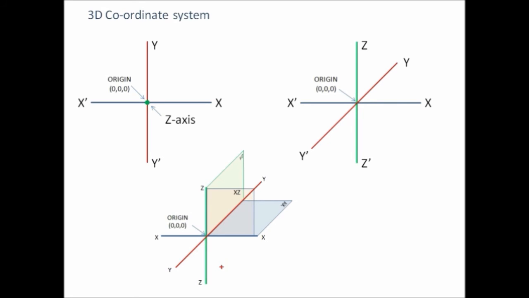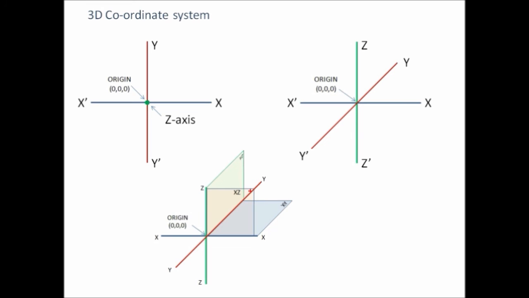Now, below the view we are seeing here, in this view, we are also seeing planes along with the axis. Let us understand it. Here, the planes are created by passing through two axes. When a plane is created passing through x-axis and y-axis, it is called xy plane.